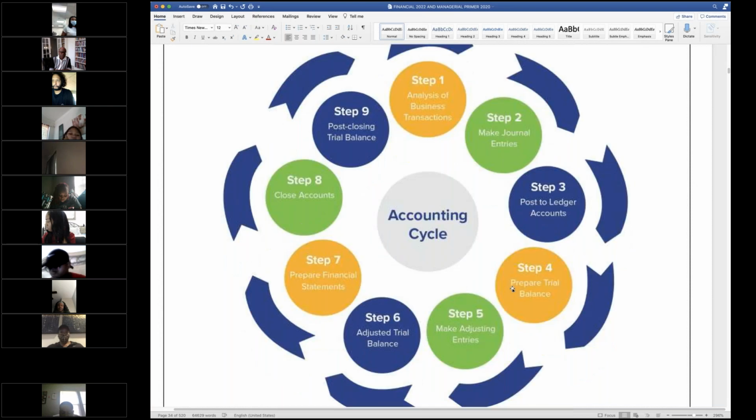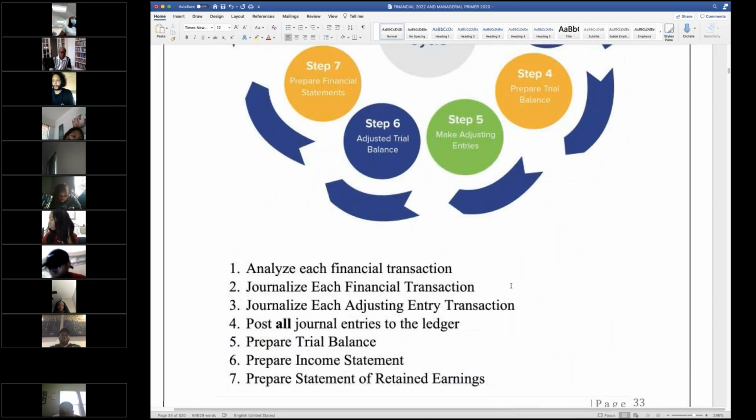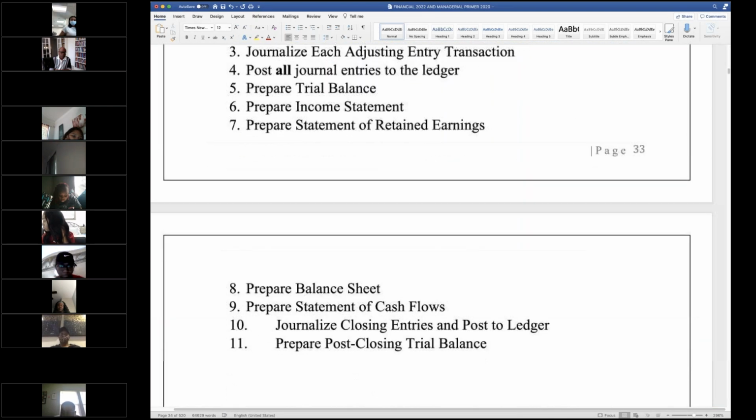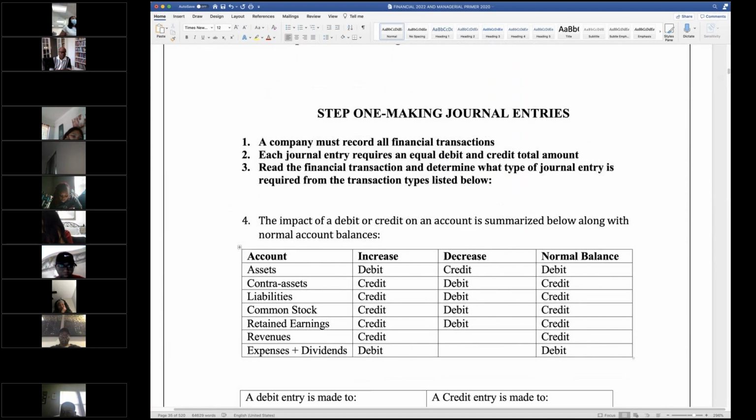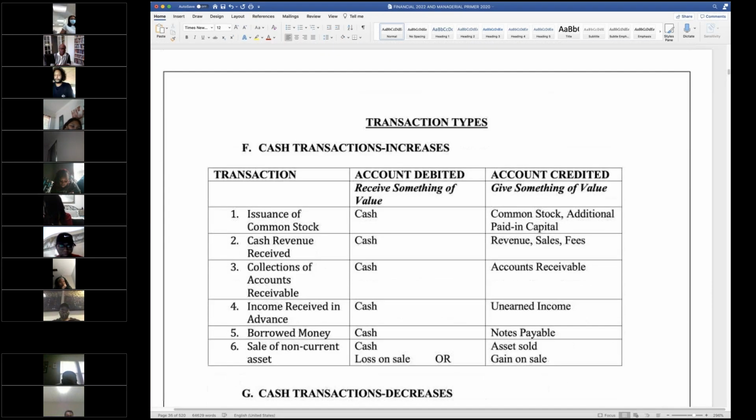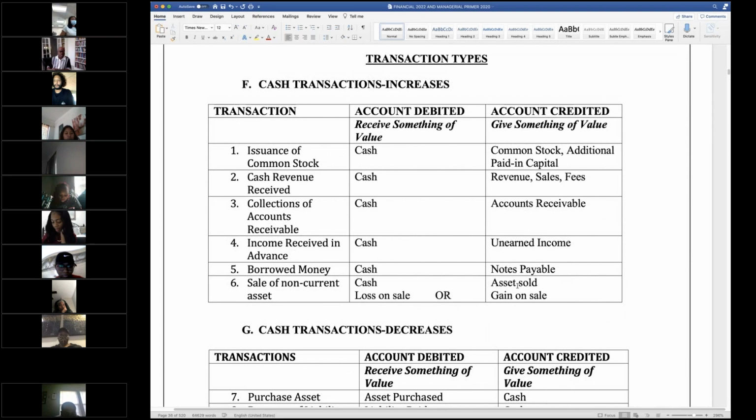So I want to go back and review some basic things. And what I always told you was that I created this chart in terms of transaction analysis.